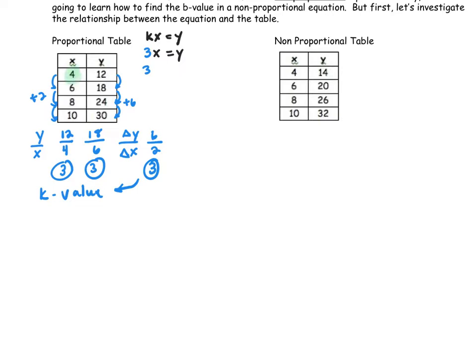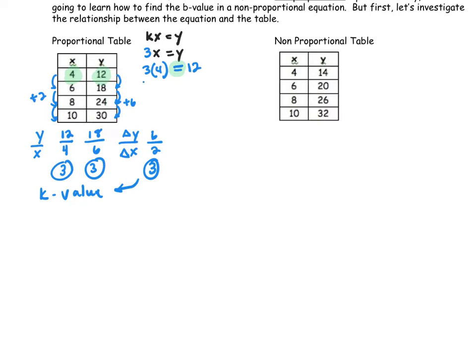For instance, if I put in this 4 and I multiply that 4, then I should get back my matching y value, which is 12. And sure enough, if I look at that, 3 times 4 is indeed 12.